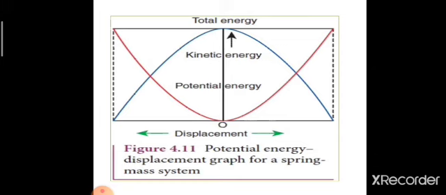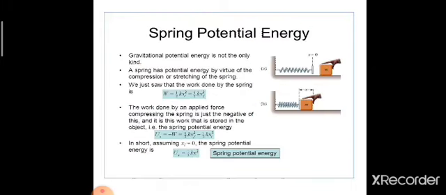So we have seen that in order to move the spring from initial position xi to final position xf, work done is given by half k xi squared minus half k xf squared. So a spring has potential energy by virtue of the compression or stretching of the spring.